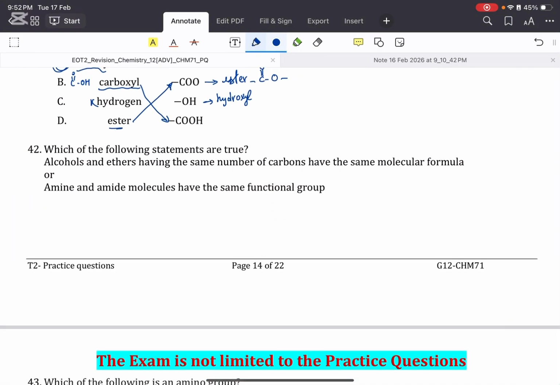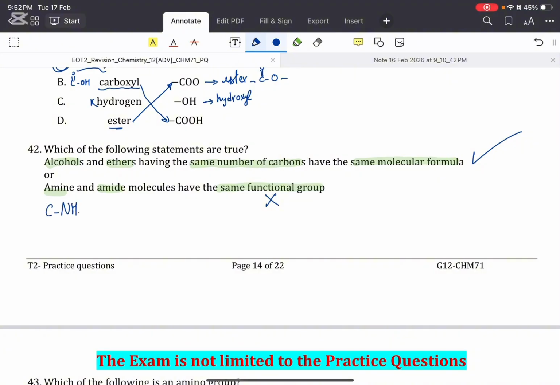Which of the following statements are true? Alcohols and ether having the same number of carbons, they have the same molecular formula. Yes, this is correct. But amine and amide, they cannot have the same functional groups. That is not true.